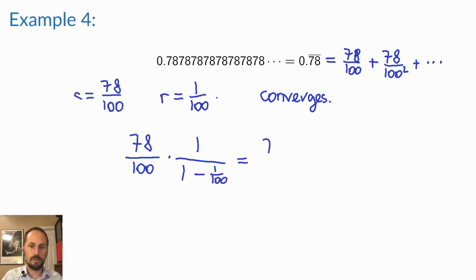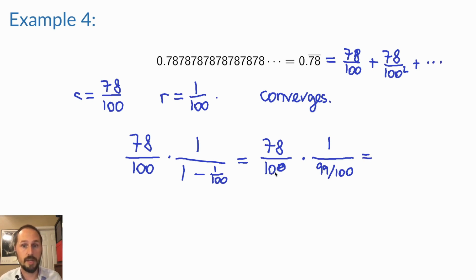So that's going to give us 78 over 100 times 1 over 99 over 100. Right, multiplying through the denominators, the 100 here multiplies by the 99 over 100.